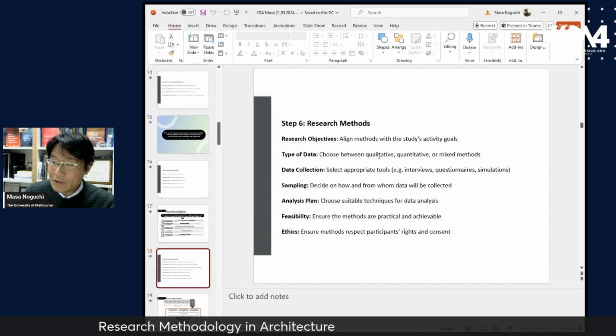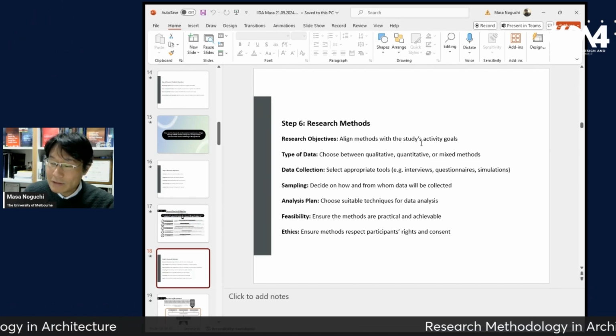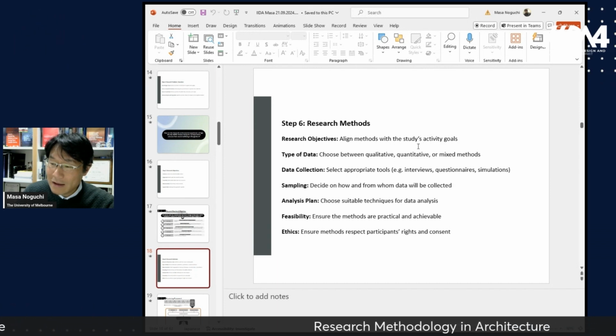Anyhow, research method is aligned with the research goal or objective.